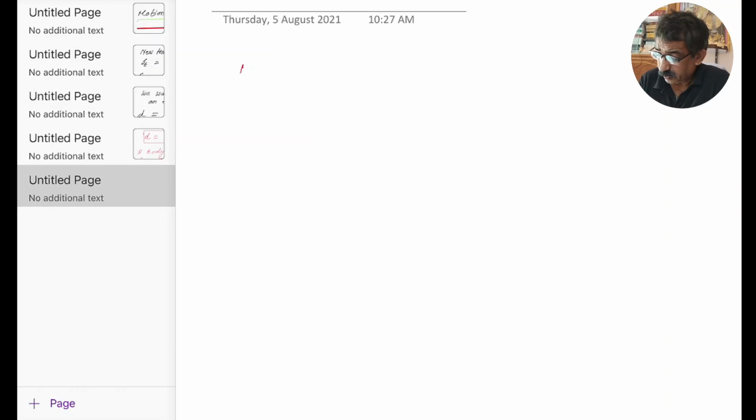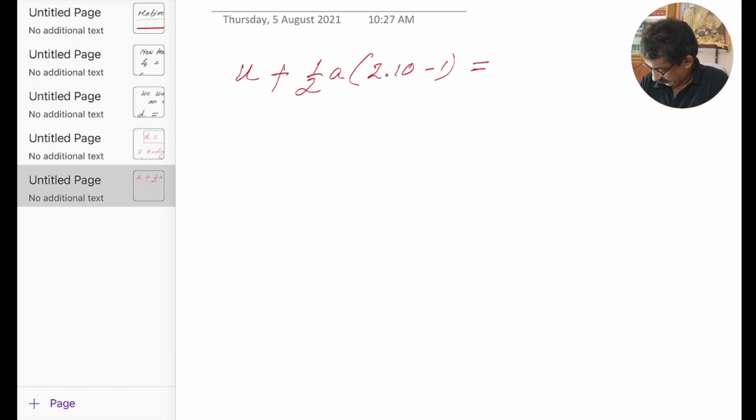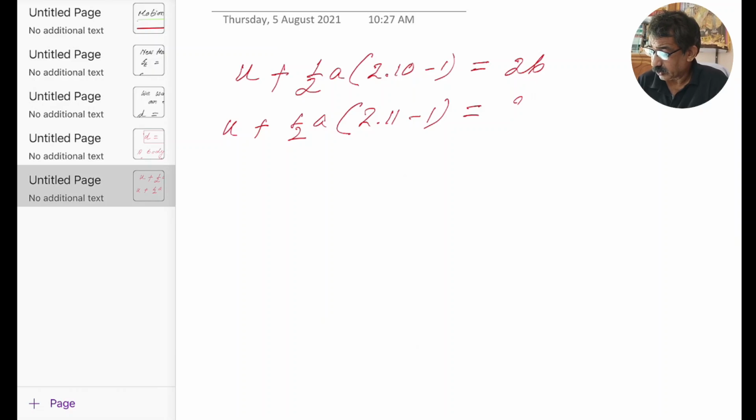So u plus half of a into 2 into 10 minus 1 is equal to 26, and u plus half of a into 2 into 11 minus 1 is equal to 28.